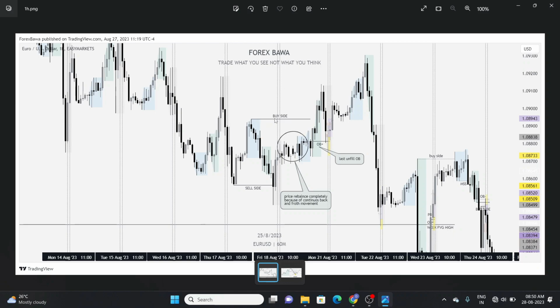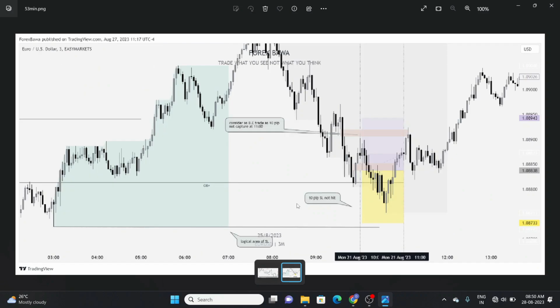Now when the buy side is taken, the market needs a pullback, where the pullback is up to this unmitigated, unfilled order block. So we can see in the lower time frame what's happening there. You can see the market tapped the order block, gave a reaction, and created the fair value gap.